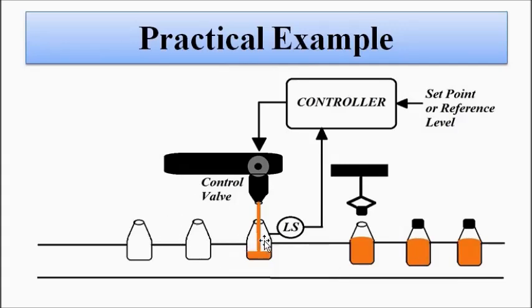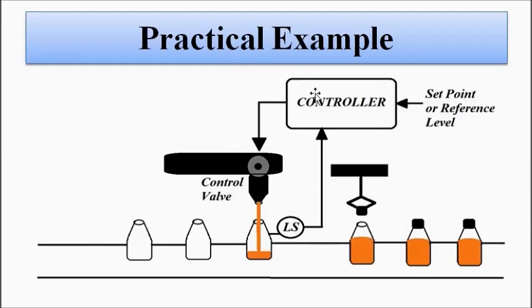The bottles are filled with a particular juice or drink, let us say orange juice. There is a level sensor which detects the level of juice in a particular container or bottle. Then it sends that signal to the controller, a microcontroller in this case. The microcontroller is fed with a set point or reference signal which gives it the information of the level up to which each of these bottles should be filled.